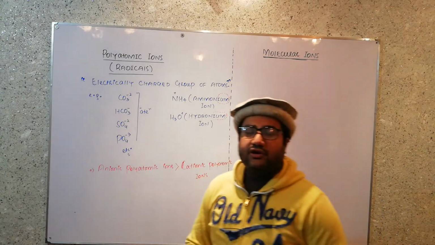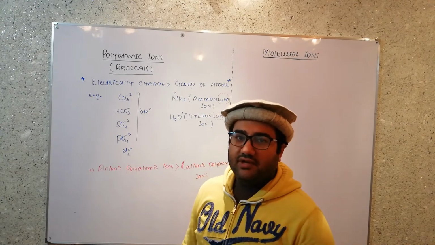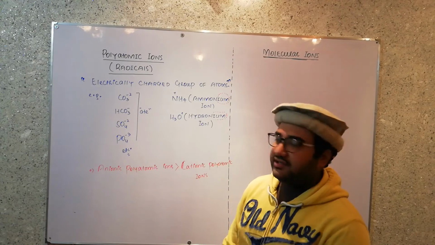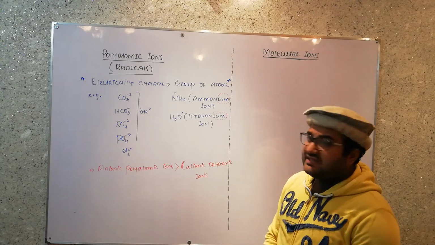Means those polyatomic ions that carry the negative charge, they are much more abundant as compared to those polyatomic ions that carry the positive charge. What is the reason behind it?